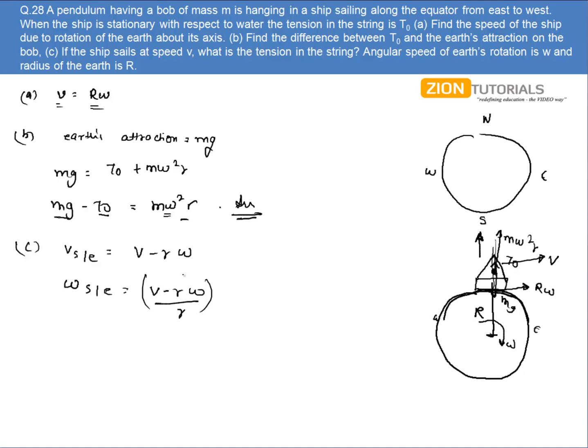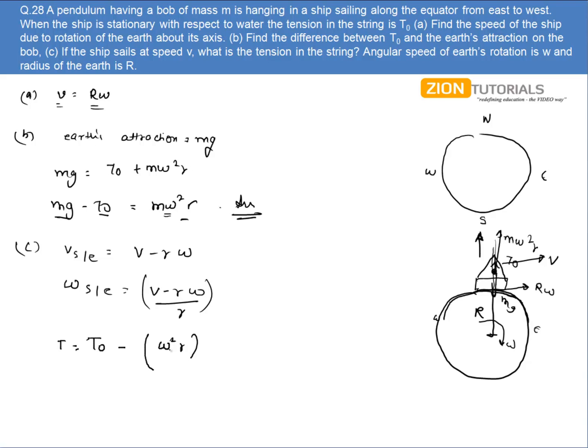Fine. Now again applying the condition of equilibrium, mg is equal to T naught plus m omega square r. This was the initial condition, when it was rotating with omega. Or rather, not to go this way, I can write that T will be equal to T naught minus m omega prime square r.